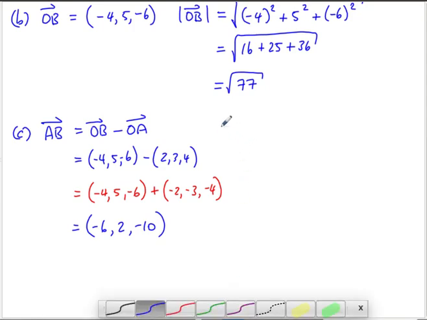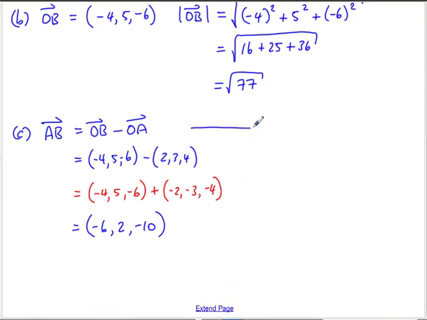Or, what's the other way I could have done this? I could have said that's equal to OB, which I'm going to write as negative 4I plus 5J minus 6K, and then minus the bracket 2I plus 3J plus 4K.